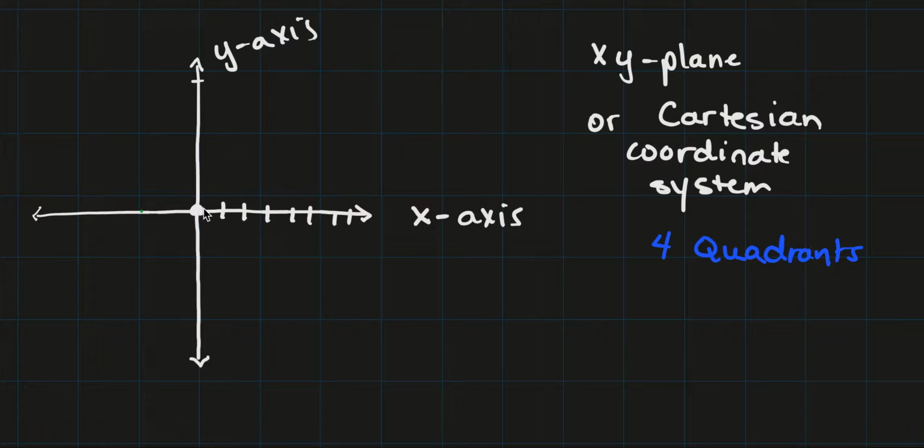And from this middle portion right here, going in this direction, I labeled these as 1, 2, 3, 4, 5, and so on. And then I also had some tick marks over here. In fact, let me try to make them a little more evenly spread. Okay, so -1, -2, -3, and so on.